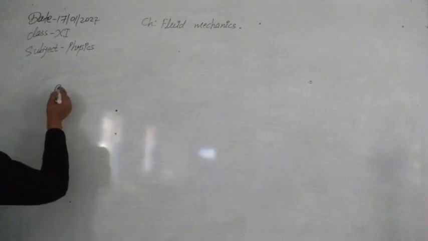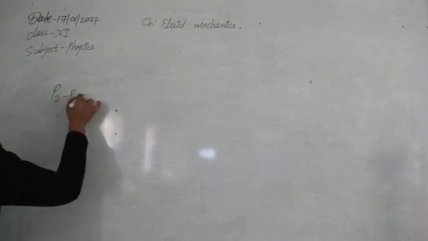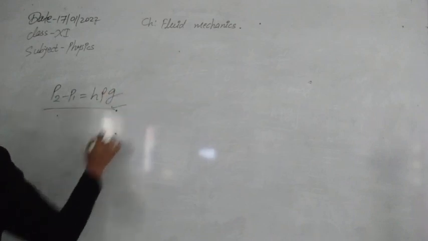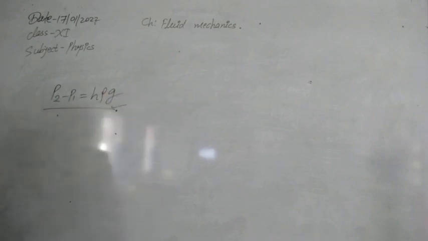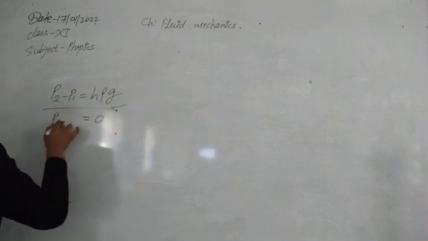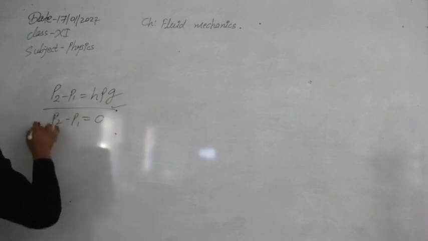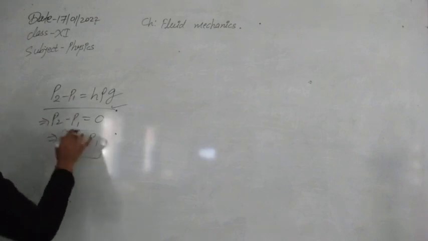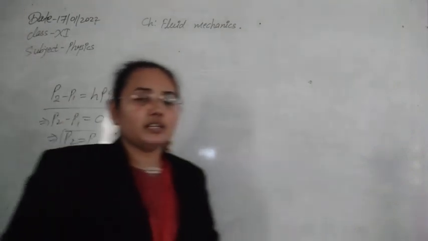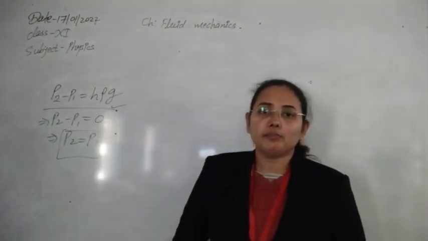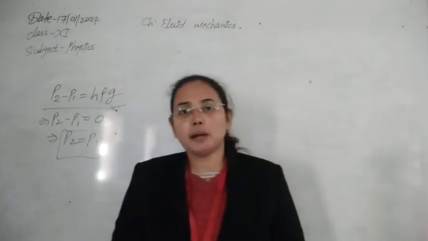So for the variation of pressure, P2 minus P1 is h rho g. If the gravity effect is neglected, then it will become 0. This is P2 minus P1, and obviously P2 is equal to P1. This means if the gravity effect is neglected, then the pressure at every point in the liquid will become equal. This is the concept of Pascal, and this is known as Pascal's law.